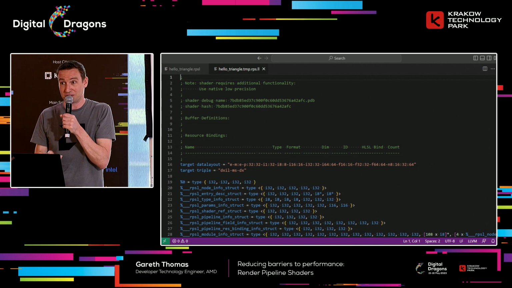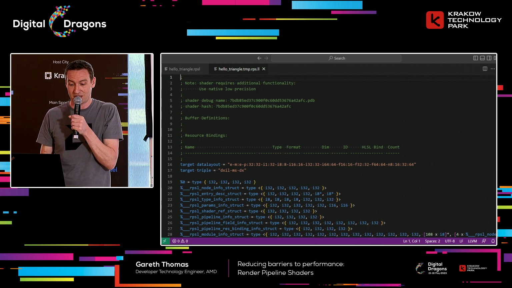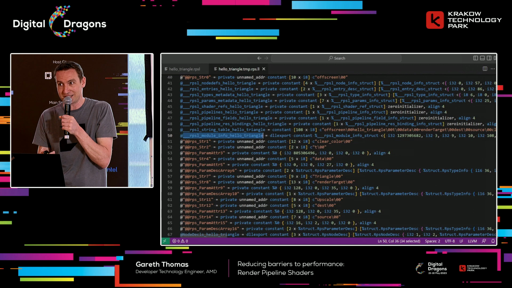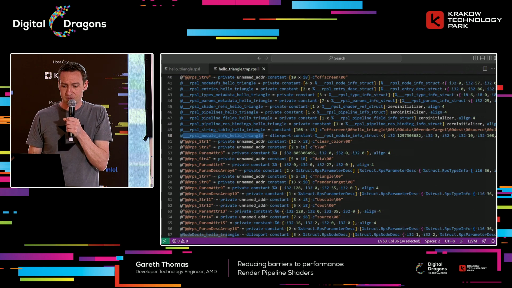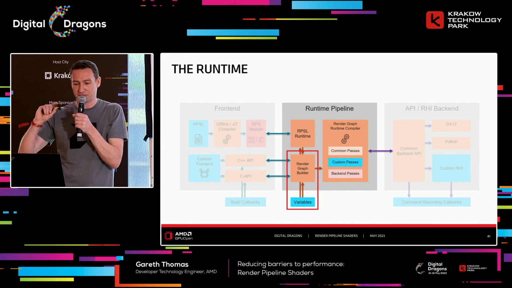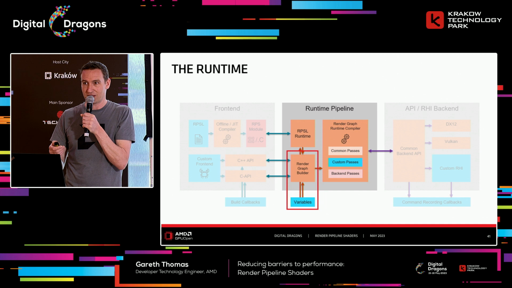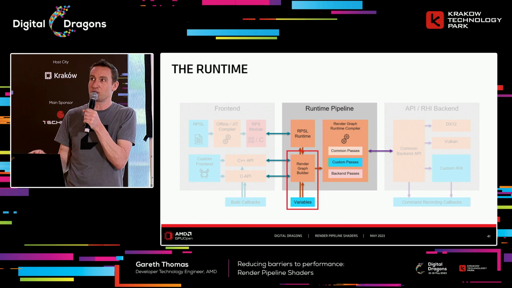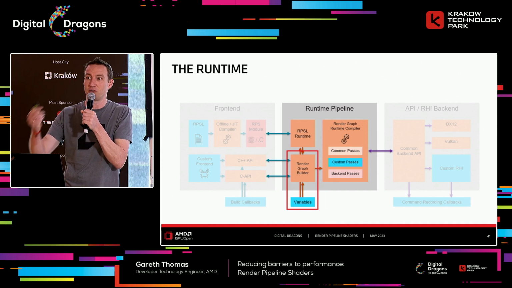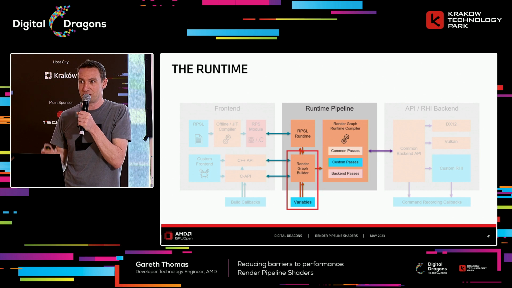And the output is basically DXIL. There's a bit of custom metadata to it, but it's familiar stuff. And then you've got the runtime part of it. This is where, because you want to have flow control in your graph, you want to be able to pass variables in to control for loops and if statements and so on.